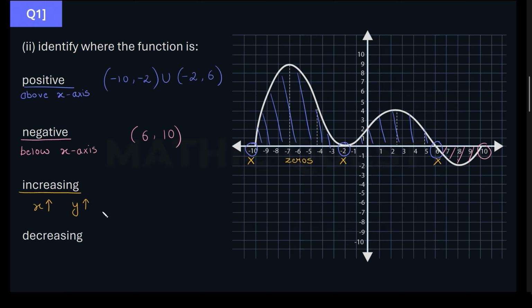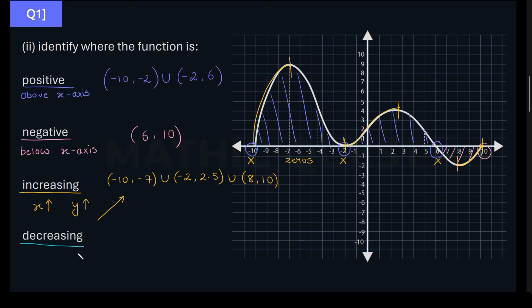But in simple terms, just remember, while going from left to right, your graph should go up. So that's here, here, and here. So we can write the final answer as -10 to -7, union -2 to 2.5, union 8 to 10.